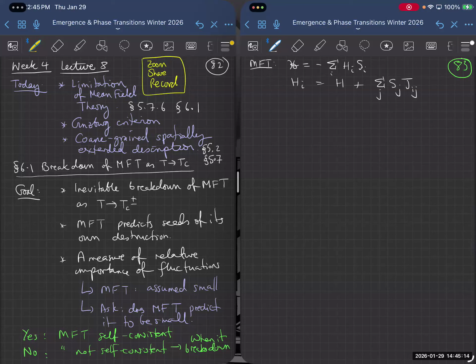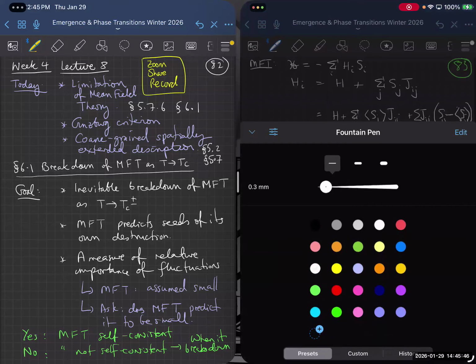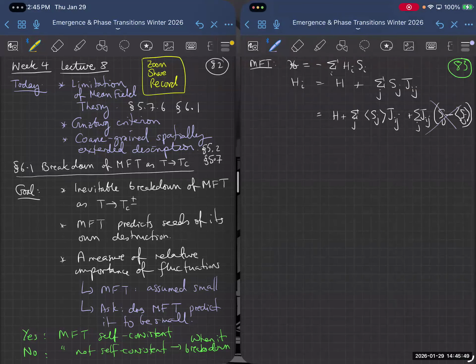That was how we defined it. Then we wrote this as H plus the sum over j of the average of s_j J_ij, plus the sum over j of J_ij times (s_j minus the average of s_j). That was an exact statement. And then we neglected that last term, so we threw it away.